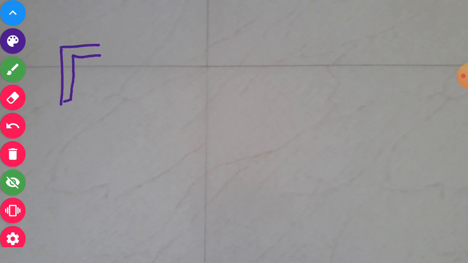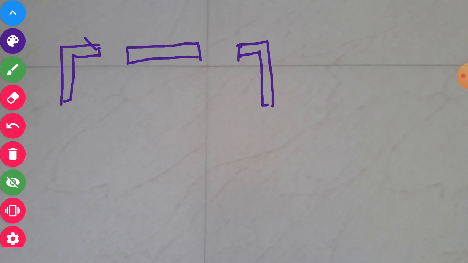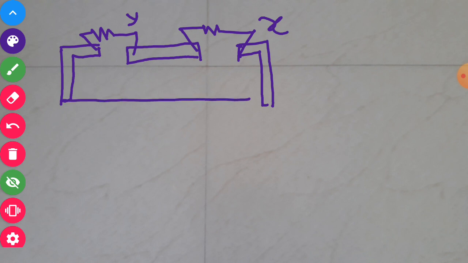This will be the new position. Here we have Y, and X comes in this section, and this is the galvanometer and all.